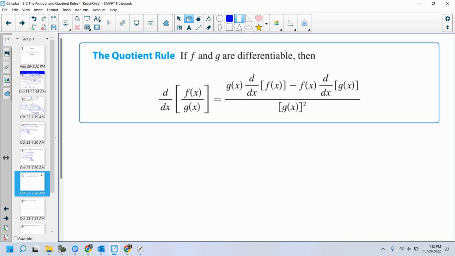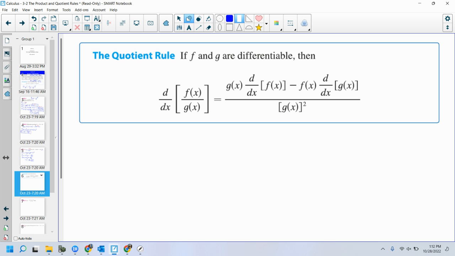Okay. We got d over dx of f of x over g of x, which is a quotient, right? This is saying I've got g of x times the derivative of f of x minus f of x times the derivative of g of x, all divided by the original g of x squared.